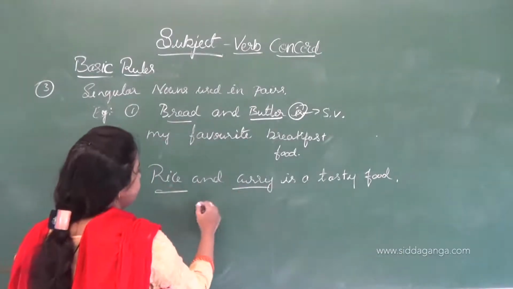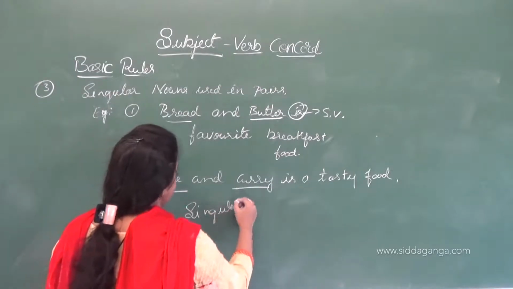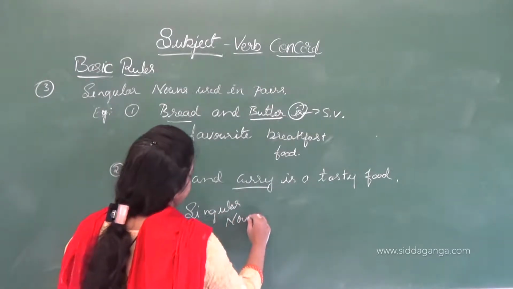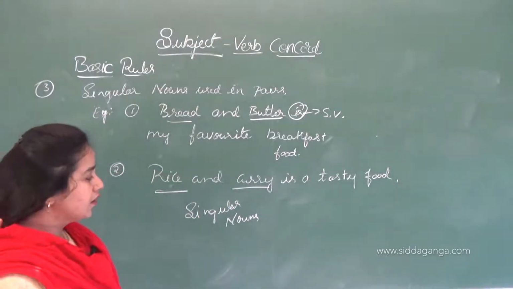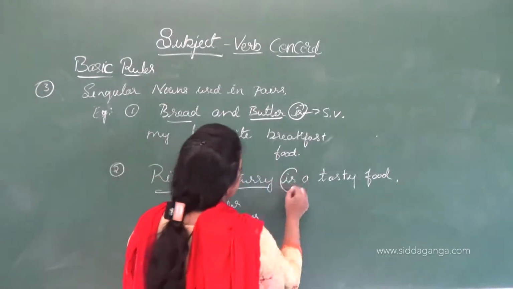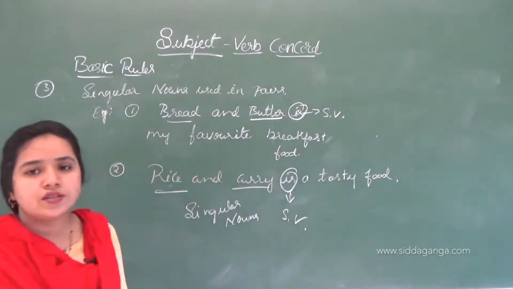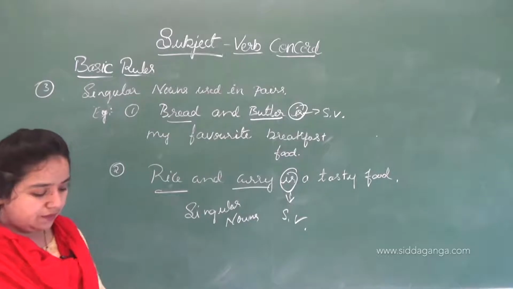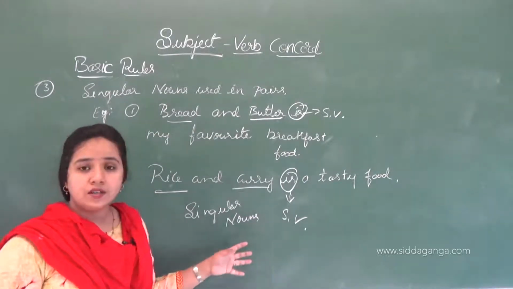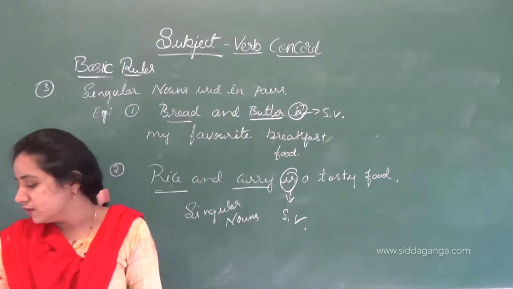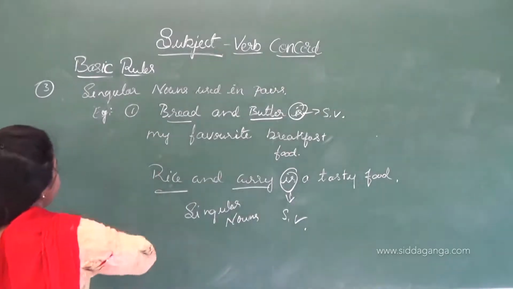Curry and rice, it's a singular noun. So what is the helping verb? It is also a singular verb. So maybe you have understood this rule. Next I will move on to the fourth rule.